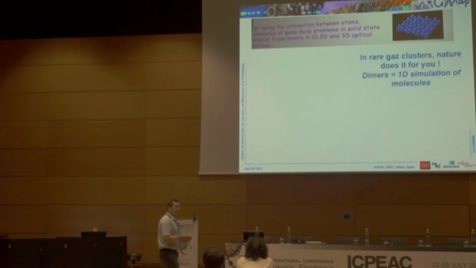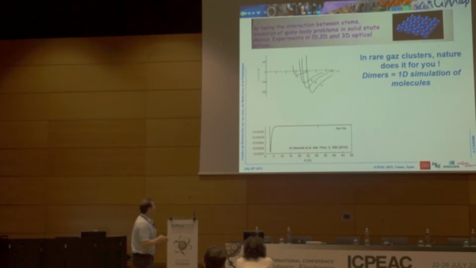In rare gas clusters, the van der Waals forces, which are weak, keep the atoms together. If you are concerned with dimers, this is a 1D simulation of molecules without any covalent interaction between the atoms. If you choose the atom correctly, you can change the distance between the atoms from a short distance for helium to a large distance for xenon.